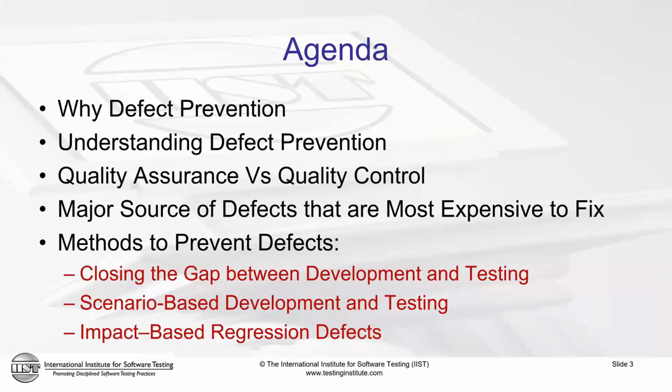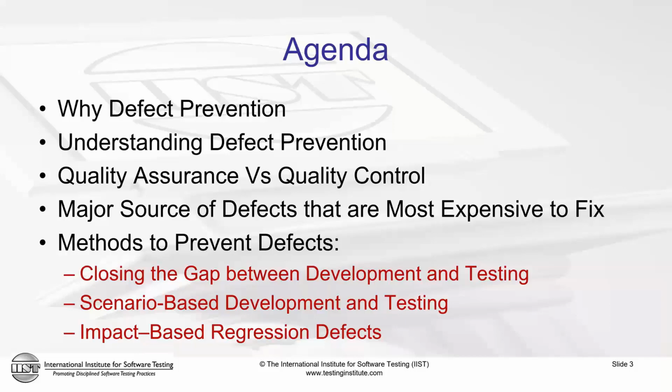And before we talk about different methods to prevent defects, we really want to understand the major sources of defects that are most expensive. Of course, defects are always there. There are so many sources of defects in software. In this presentation and in all my talks about defect prevention, I focus on those defects that are most expensive to fix.